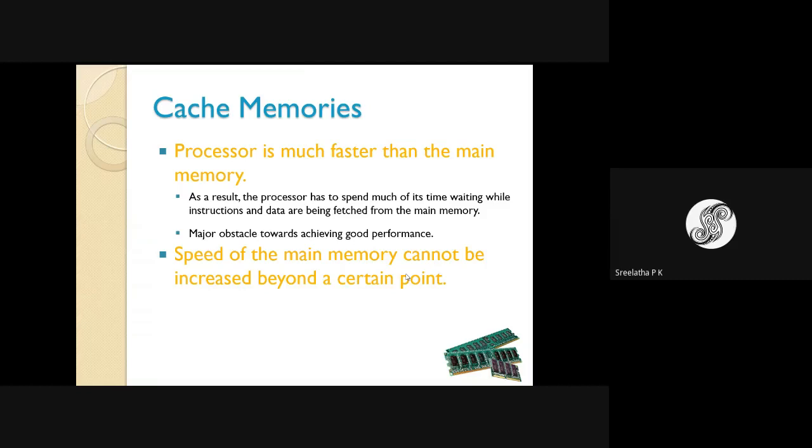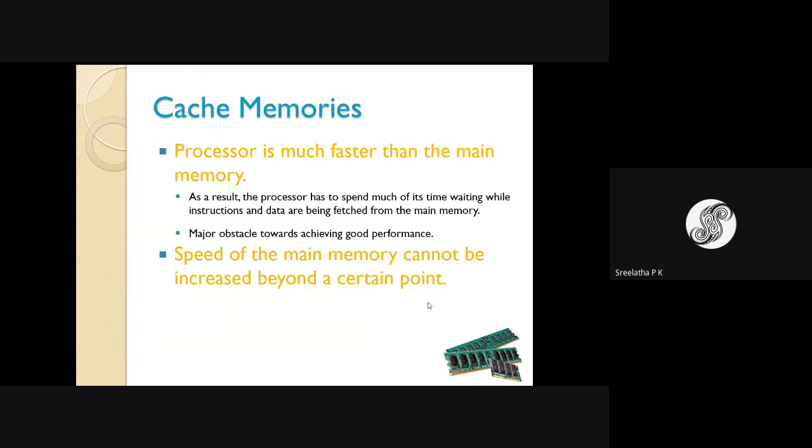Also the instructions and data which are used recently are all stored in the cache memory. The speed of main memory cannot be increased beyond a certain limit.